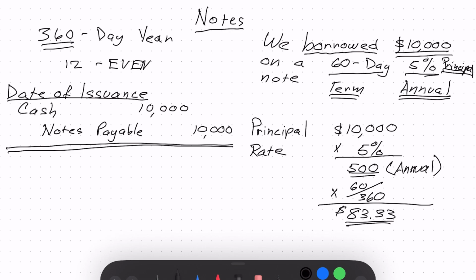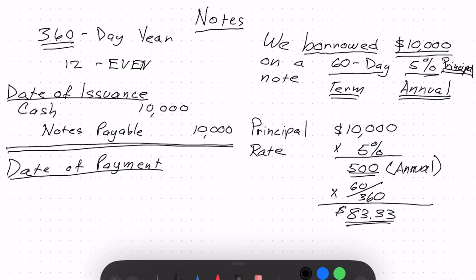Next, we're going to have our date of payment. And this is when we're going to pay back that $10,000 that we borrowed and any interest that we had accrued over that period of time. So now we're going to get rid of that notes payable. It means we're going to debit our liability for that $10,000.